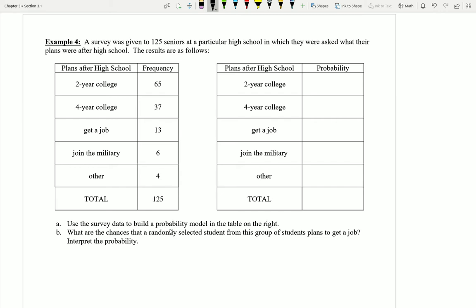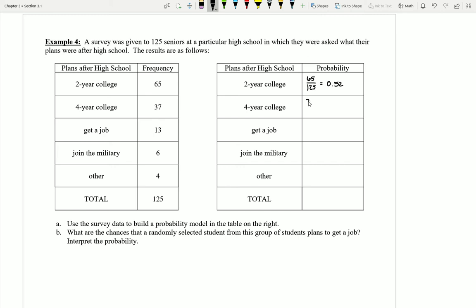If I randomly picked one of these students, what would be the chances that they fell into one of these 5 categories? Well, if I was to take a look at the first category to try to find a probability for it, since everything here is going to be equally likely, I would see that I'm going to end up with 65 out of 125. Now, if I crunch this out on a calculator, I'll see that that actually turns into exactly 52%.